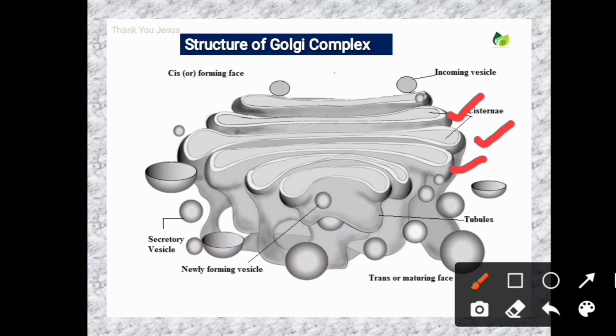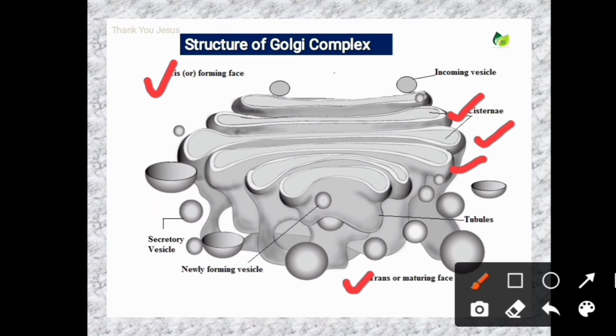Generally cisternae are slightly curved, hence they have convex and concave surfaces. So they have two sides, namely the cis or forming phase, and the trans or maturing phase.